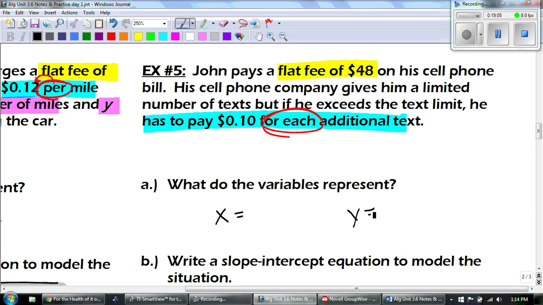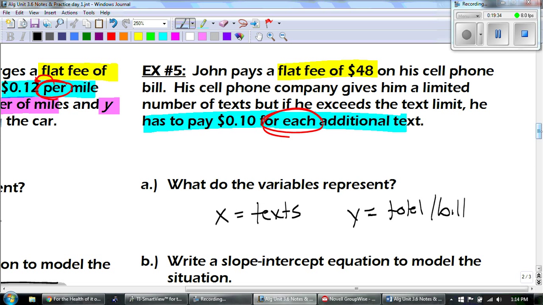Funny. The two things they're talking about are the total cost of the bill and how many texts. So we normally know that Y is money, so this is our total or our bill, and X, the thing that changes per month, is going to be the texts.